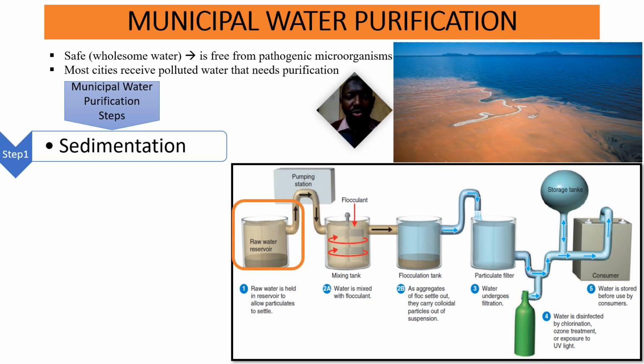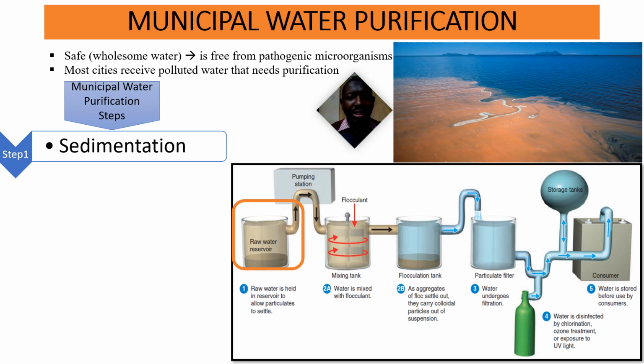So the semi-clarified water will contain the suspended material, while all the heavy materials will settle down. This process is called sedimentation and is the first step in the water purification process.